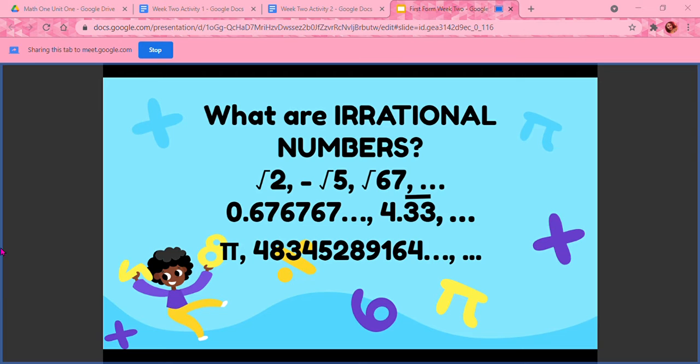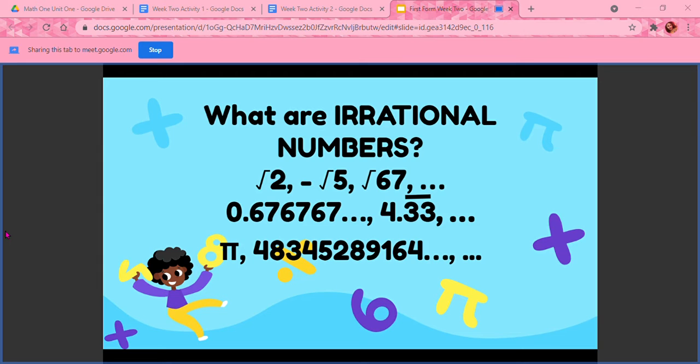What number times itself gives me 5? No number. It's not an exact number, right? I can find the answer for that, and you can find the answer for that, but it's not going to be a number that I can write as a fraction or an exact number.